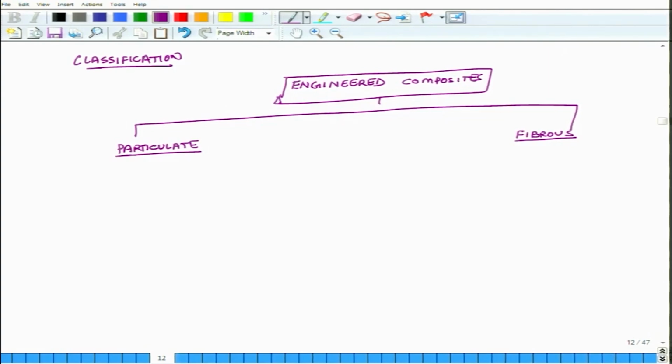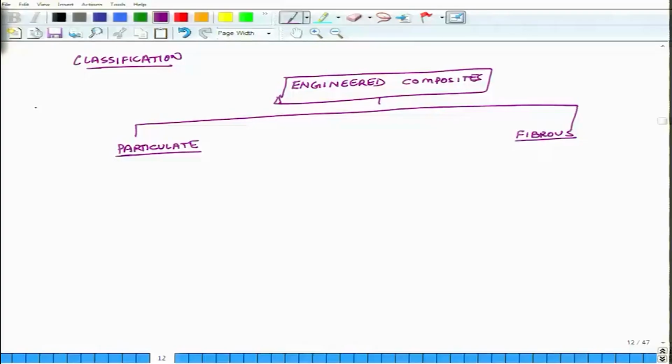So, that is there. And another way to explain this is, what is a particle? A particle is something which is not long. Okay. So, if you look at a particle, this dimension is not very large, its aspect ratio, or another way to look at it, you take its largest dimension and the smallest dimension, the ratio of those two is not very large, but if it is a fiber, it may be a short fiber or a long fiber.